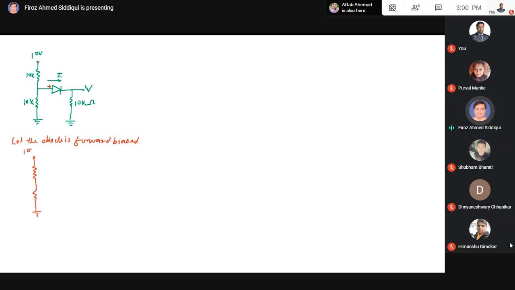This is the 10 volt supply, this is a 10K resistor, this is also a 10K resistor. Here the diode is connected and here is the 10K resistor. And as the diode is in forward bias condition, it will work like a short circuit.